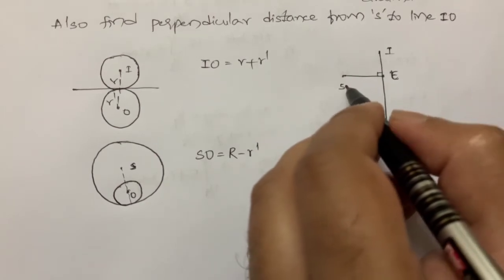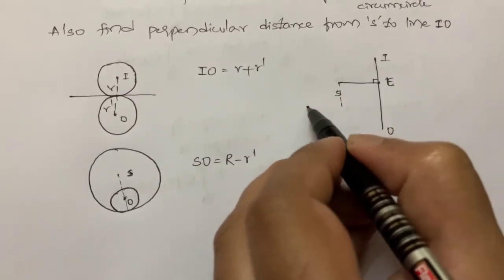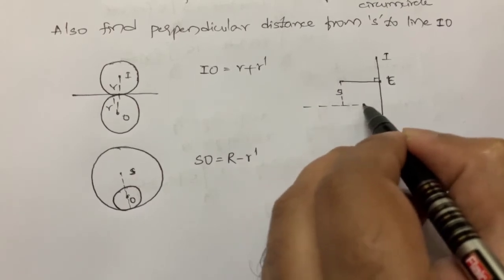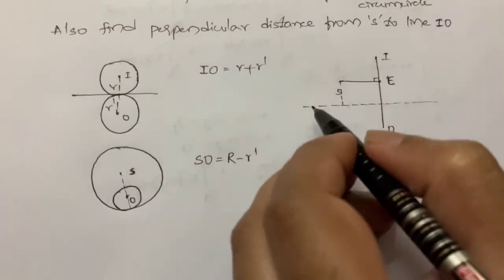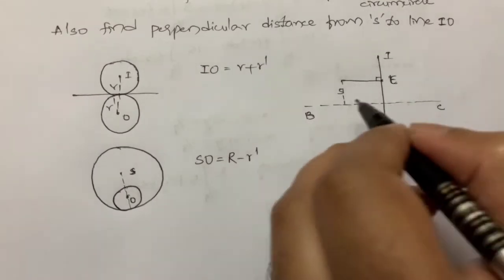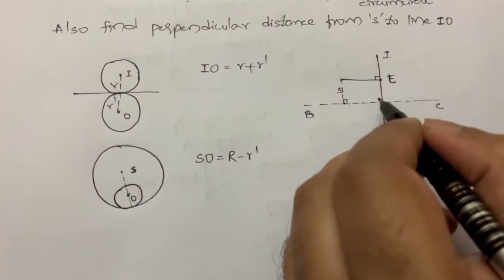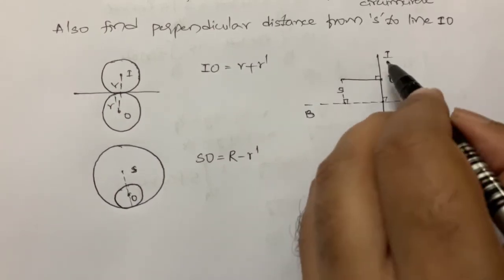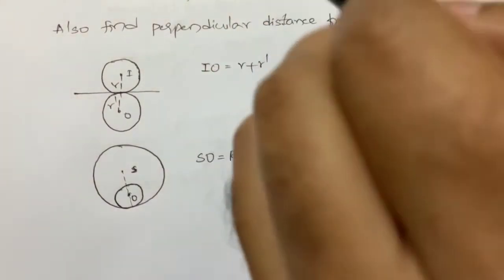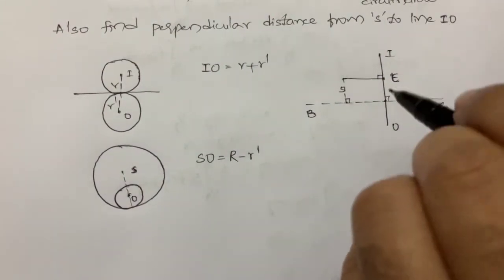So, if I draw a perpendicular onto the base BC from S, and this is anyway perpendicular because IF is the normal line to the circle.